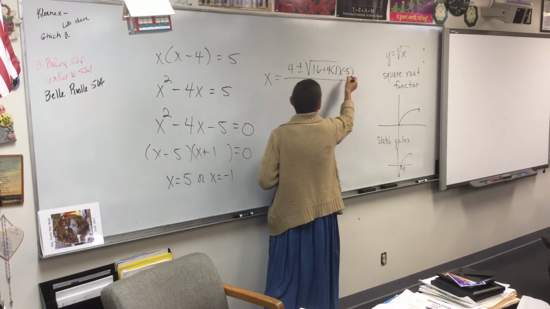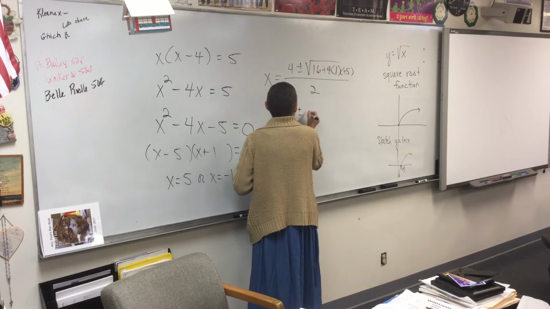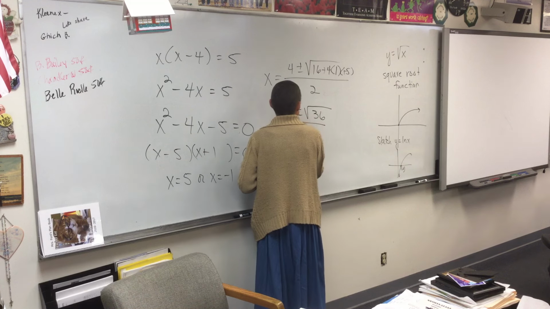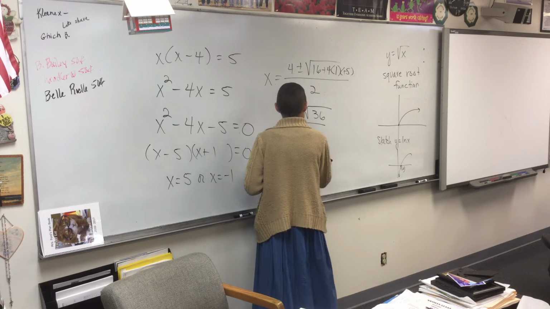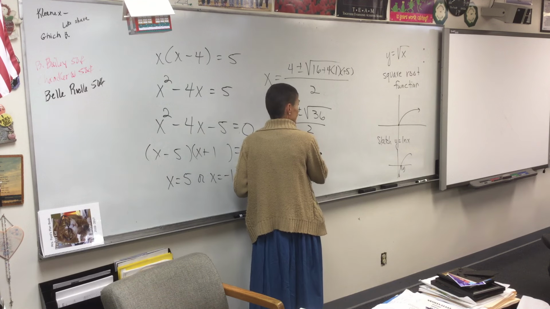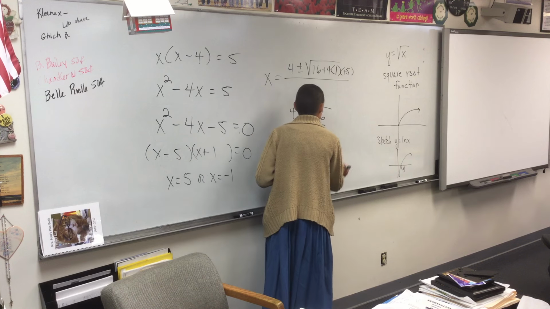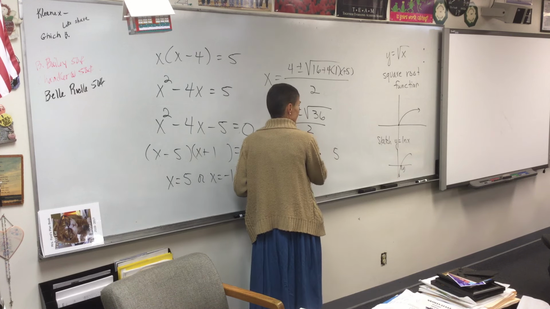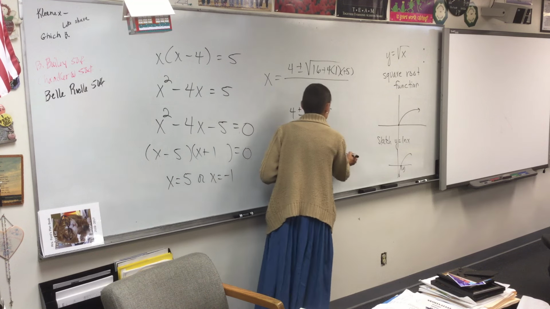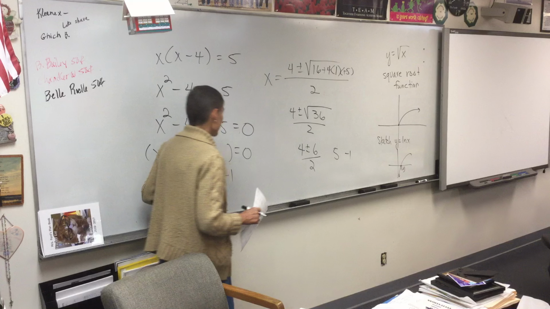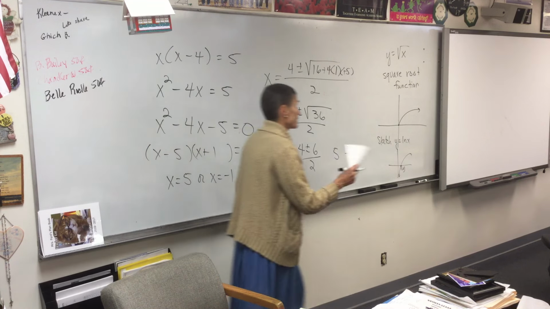Notice the double negative, that's going to give me a plus. 4 plus or minus the square root of 36. The square root of 36 is 6. 4 plus 6, 10, divided by 2, 5. 4 minus 6, negative 2, divided by 2, negative 1. Same answers, of course.